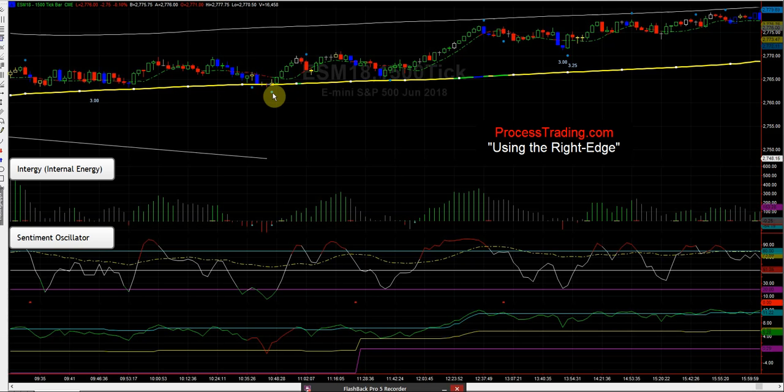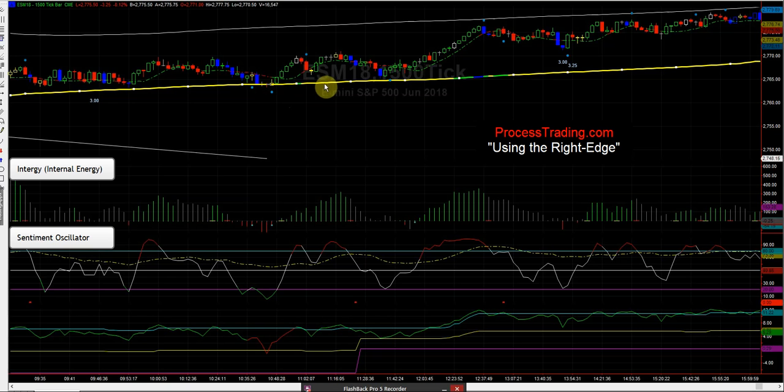So at any rate, none of this do we really have to know to take our trend trades. That's the beauty of this. The beauty of the Right Edge system is that it takes the emotions out of trading. It takes the uncertainty and poor decision making significantly out of the trading process.